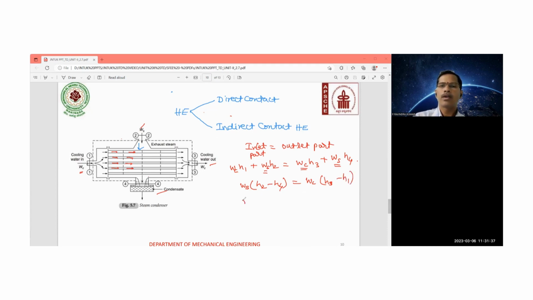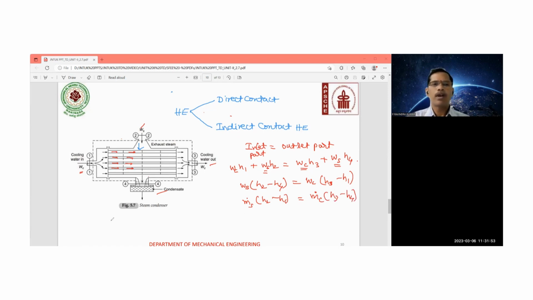Or you can also use the mass flow rate of steam times (H2 minus H1) is equal to the mass flow rate of cold fluid times (H3 minus H4).